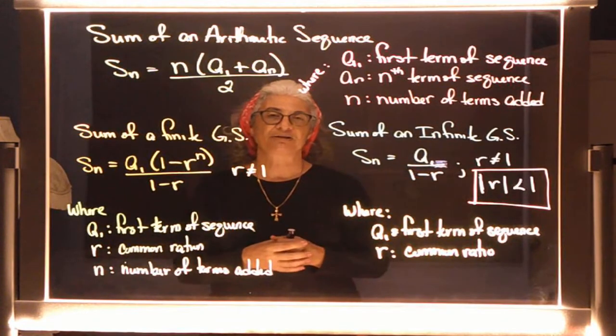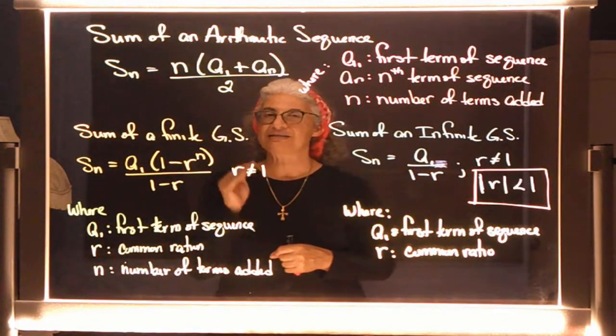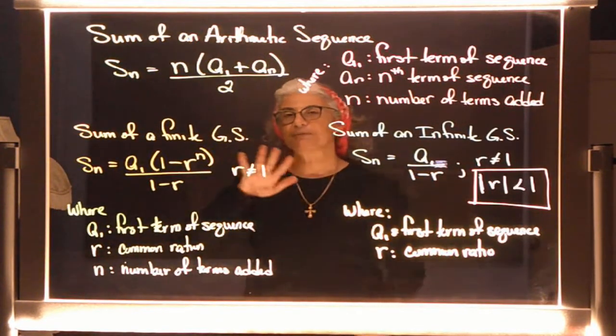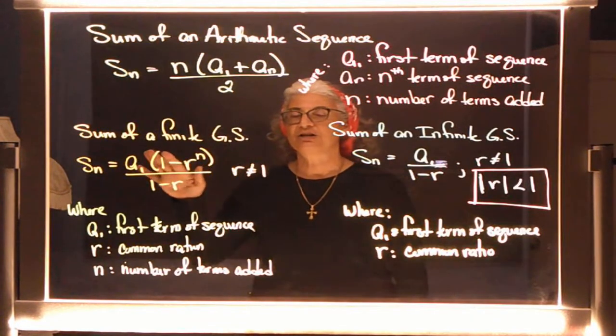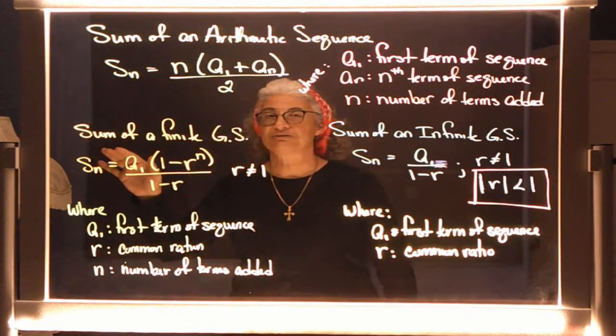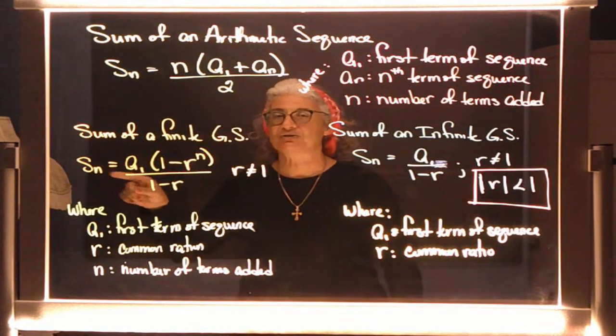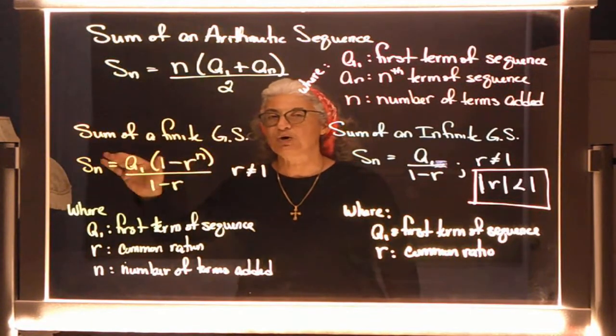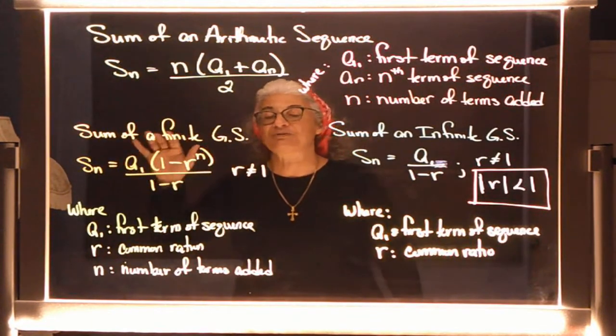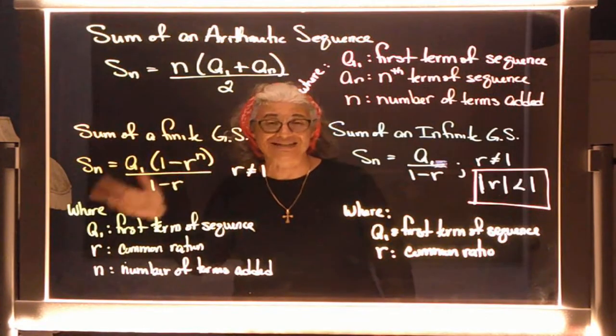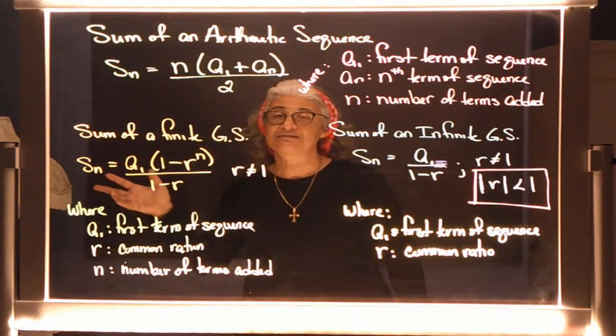Because think about it. If your common ratio is less than 1, then as you keep going out to infinity, do the numbers get larger or smaller? Yeah, they get smaller. And eventually they get so small that they look like they actually become 0 when you turn them into a decimal, right?